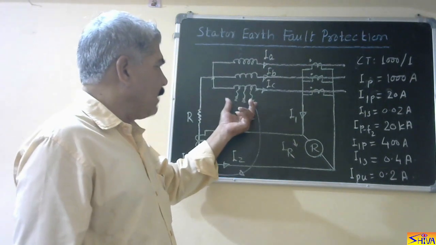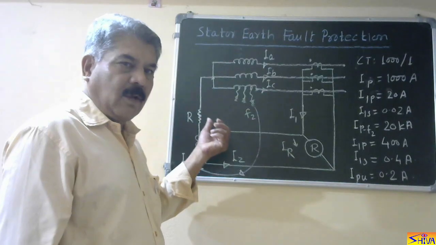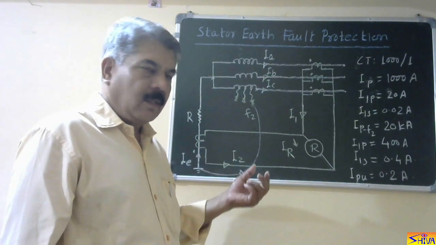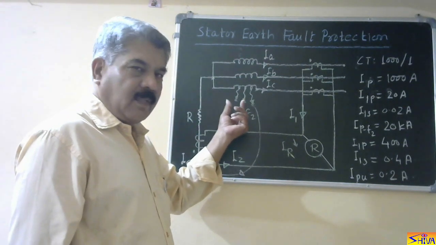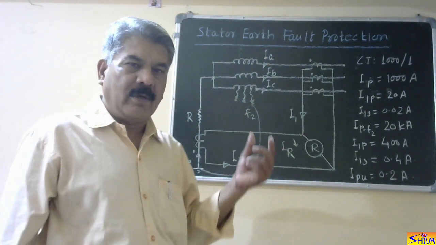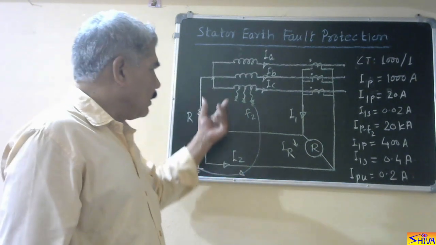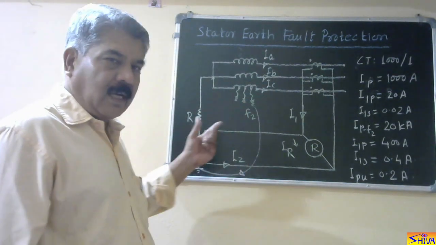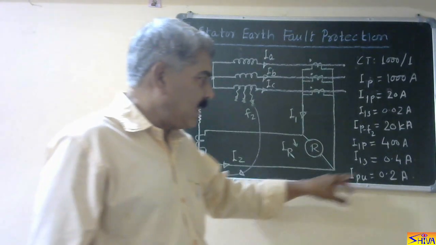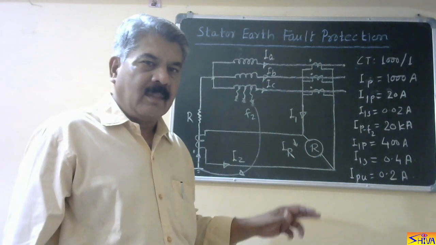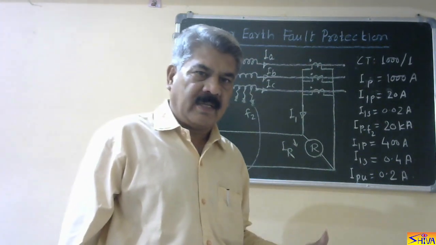If for the same generator we increase the value of this resistance, then also the earth fault current is reducing. Now, at some point, if fault takes place, normally that point is in between 10% to 20% of this winding, the current flowing through this earth fault circuit becomes less than the pickup of the relay. And if this becomes less than the pickup of the relay, then the relay is not operating.